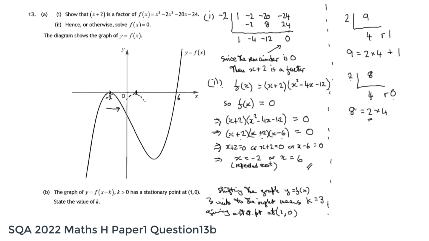The stationary point used to be at (-2, 0); moving the graph 3 units to the right, the stationary point's now at (1, 0). And the effect of x minus 3 would be moving y equals f of x to the right by 3 units. So k equals 3.